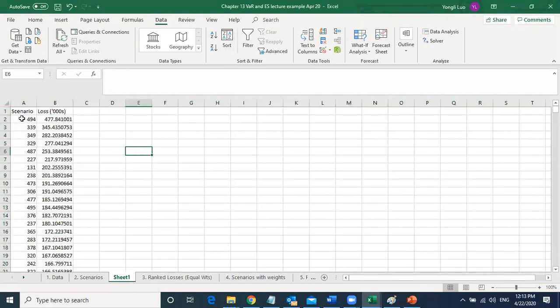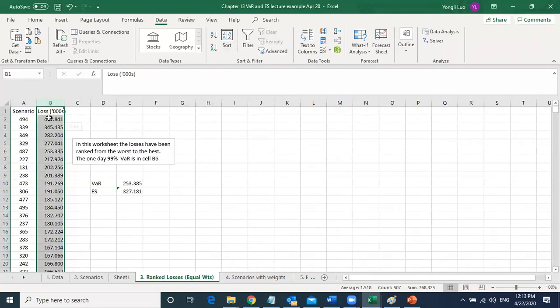Okay, that's how you get the losses. This is a scenario of 494, and that's 477 and 1,000. That's the maximum loss. So that's exactly how we got the ranked losses. We're using equal weight.